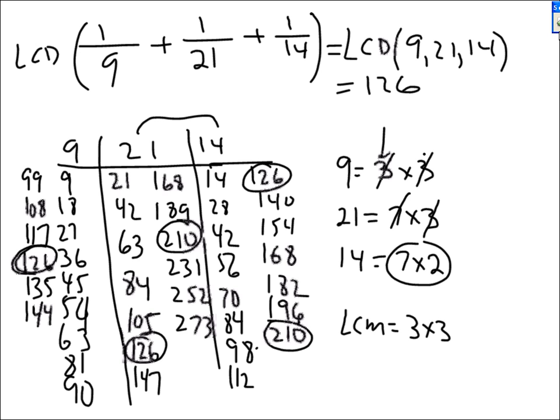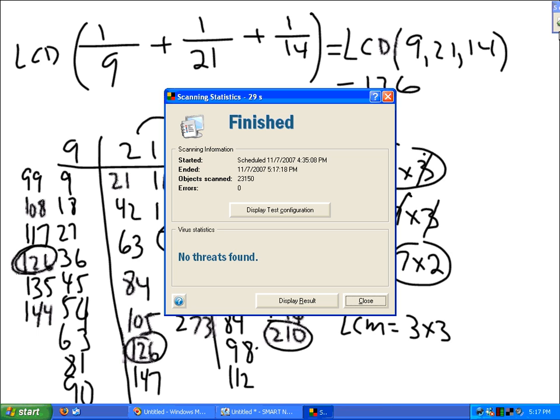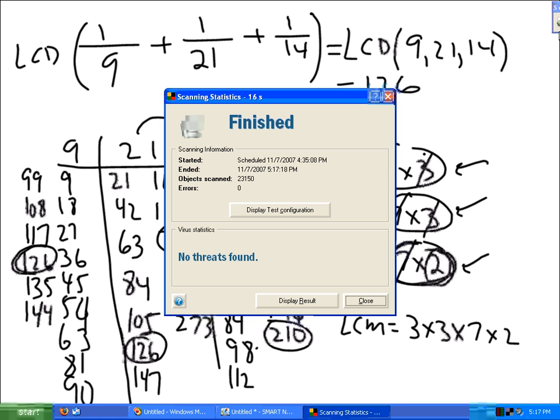Then I see 7. No 7, 1 7, 1 7. The 1 7 is the winner. Cross off the 7. Then I see a 2. No 2, no 2s, 1 2. The 2 is the winner. 9 times 7 is 63, times the 2, 126. A lot quicker. Sorry about that.